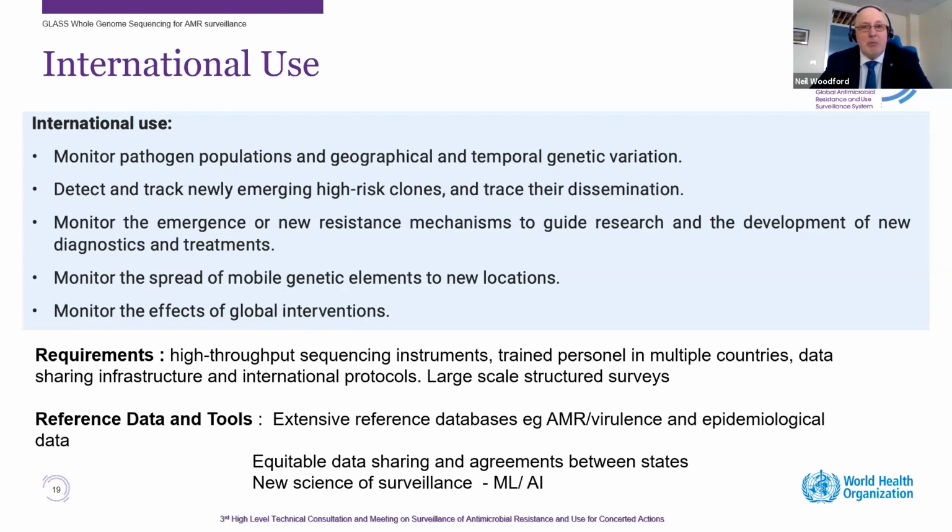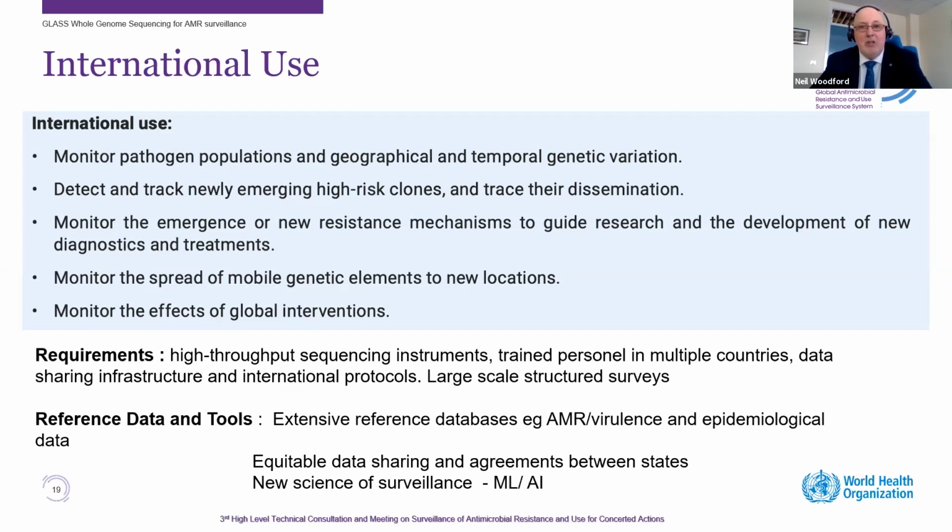We can also look at the spread of mobile genetic elements that are causing that resistance, the plasmids, the transposons, and how they work and move to new locations. And we're looking now at this on a global scale. So clearly this needs multiple laboratories, ideally networked and sharing information regularly.